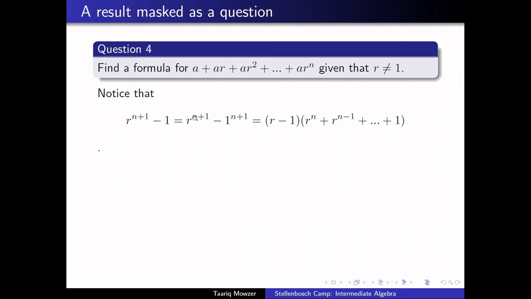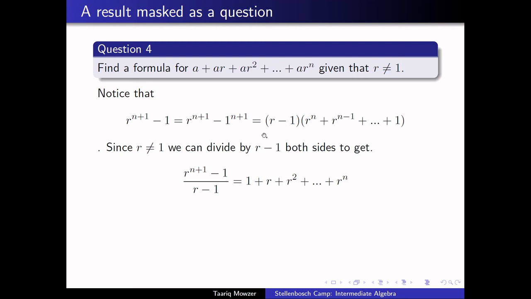And now because this is the difference of n plus 1 powers, we can use our factorization to get r minus 1 times r to the n plus r to the n minus 1 plus dot dot dot. These powers are going to decrease down to 1, which is this thing divided by the a. Okay, but we want this thing alone, so we want to divide through by r minus 1, which is where this condition comes in.